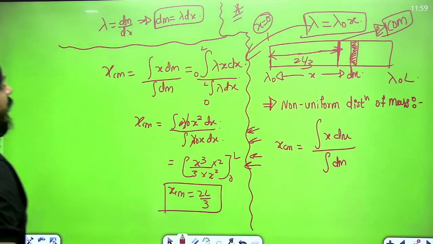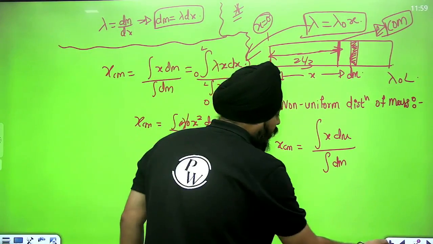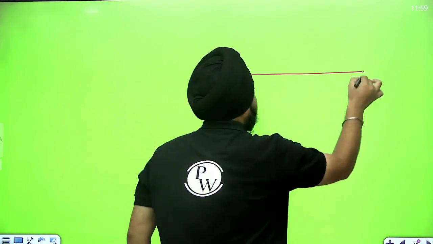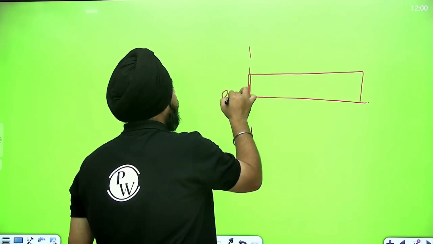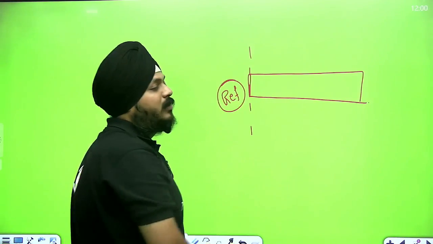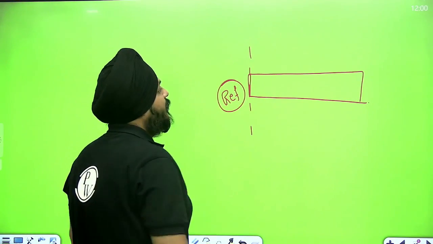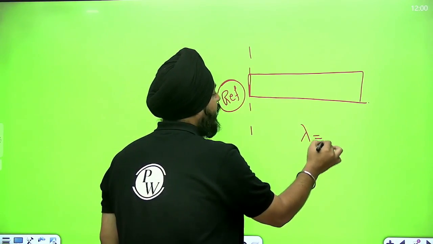Right? Okay. Like this, I'm going to give you all one homework. This is the reference point. Mass density varies as given.